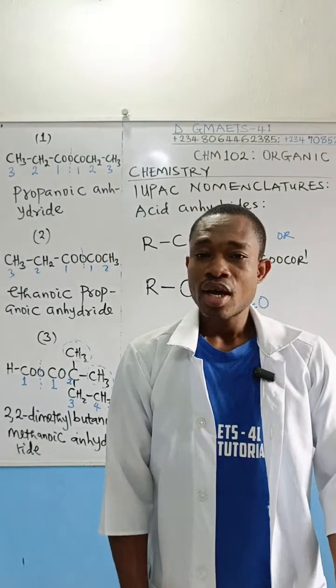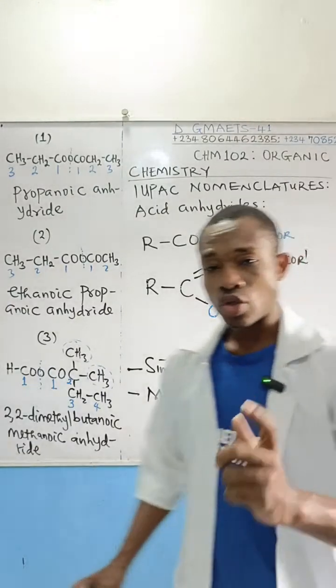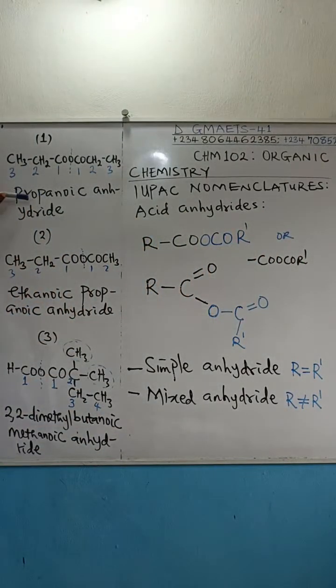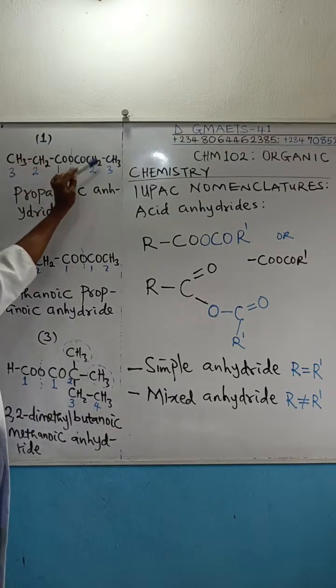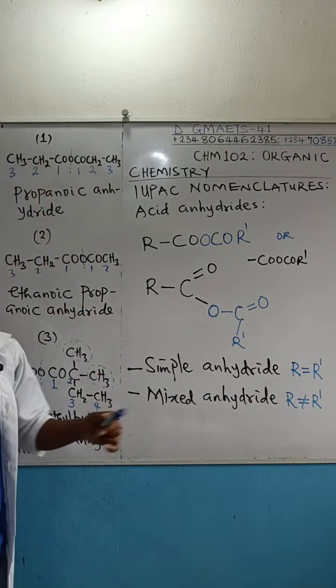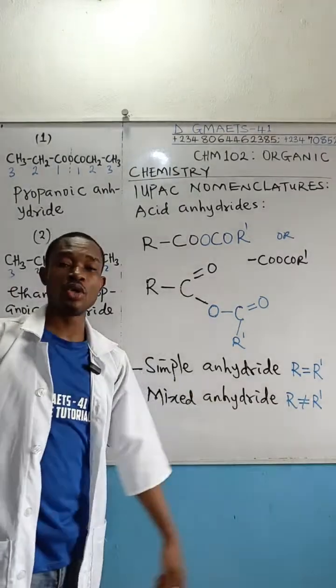All right. As a note also, look at this one. Instead of propanoic anhydride, you may still choose to call this propanoic acid, in a case where you are dealing with a simple anhydride.